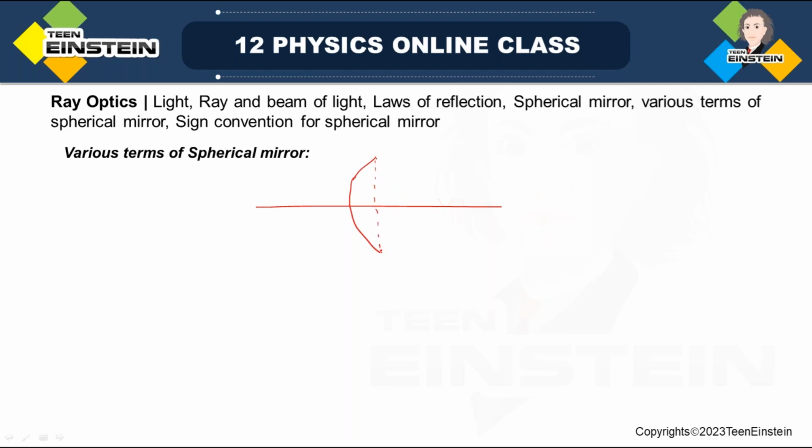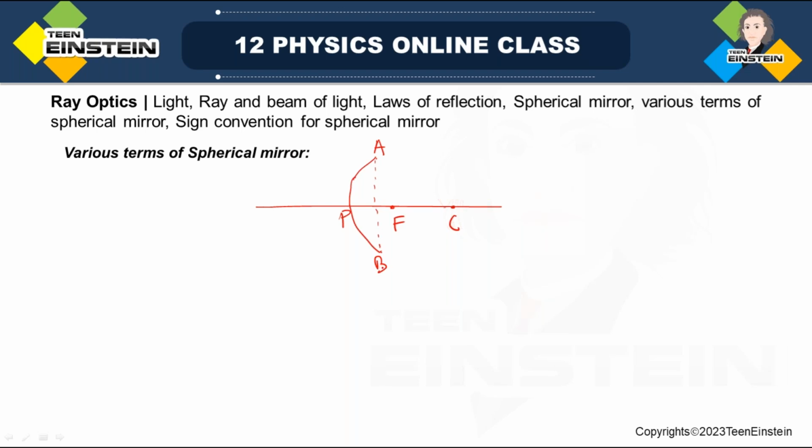See this AB, this is P, the pole, and this is the center of curvature, and the focus is somewhere here.